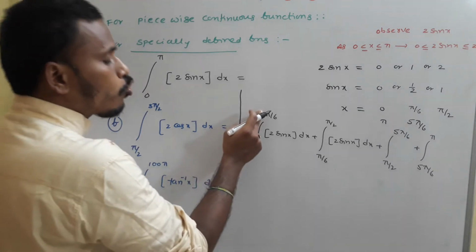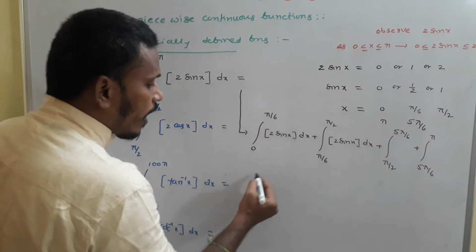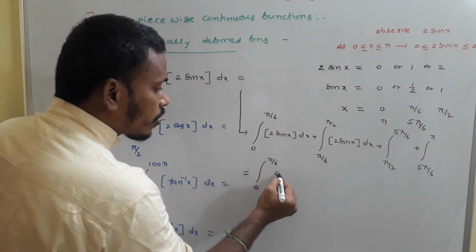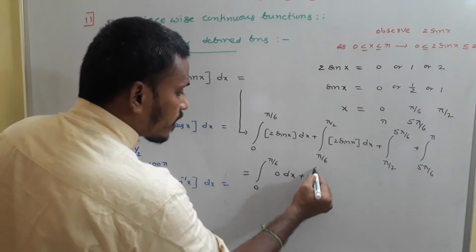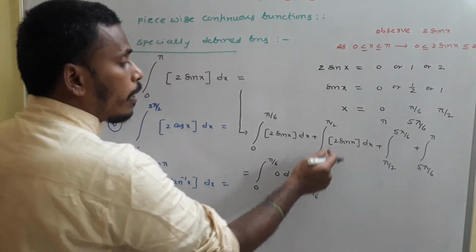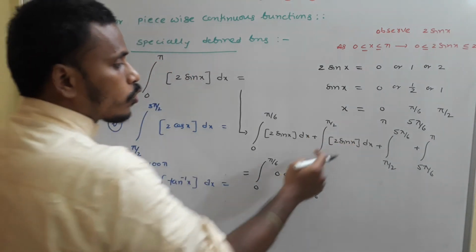In between 0 to pi by 6, 2 sin x value is in between 0 and 1, so its step value is 0. So in the next step this equals integral 0 to pi by 6 of 0 dx, plus integral pi by 6 to pi by 2. Sin x goes from 1 by 2 to 1, so 2 sin x value is in between 1 and 2, so its value is 1.